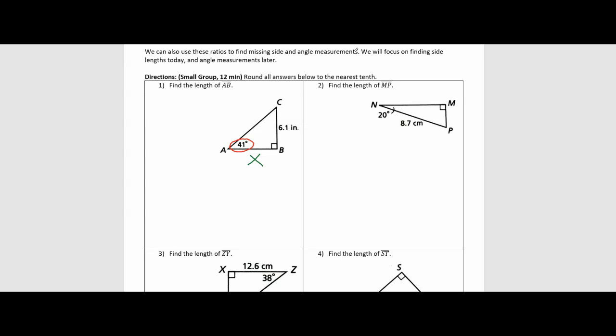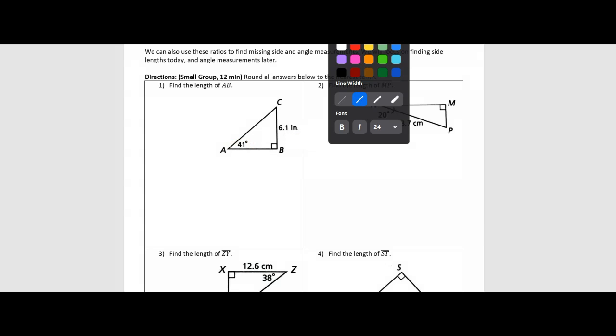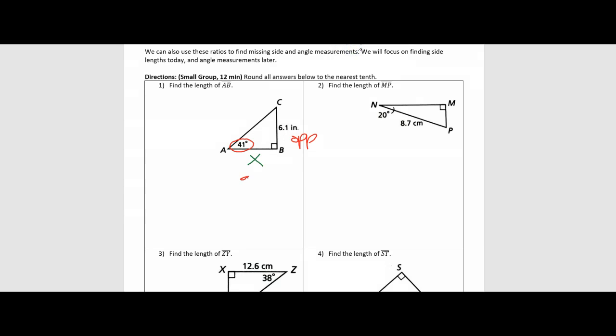Now you could do it based on this other angle up here, but that's just going to be more work for you, right? You'd have to figure out what that angle is before you were going to use it. So we're just going to use the one they give us, 41. Well, that means that 6.1 is our opposite side, and that means that X is our adjacent. This up here would be the hypotenuse, but we don't need to find it, and there's no number, so we don't really need to worry about it for this problem. So here's what we need to think about.